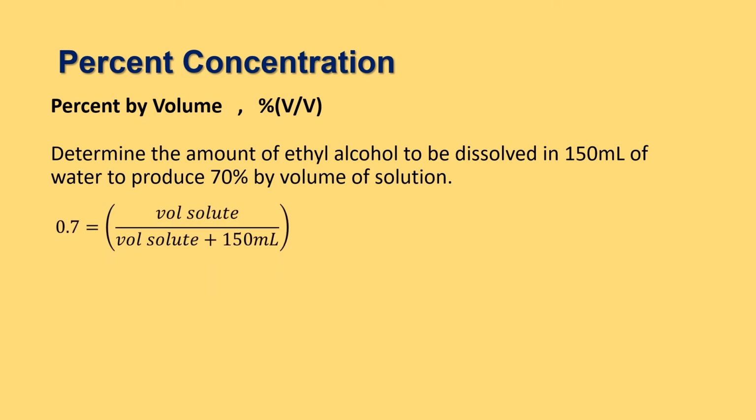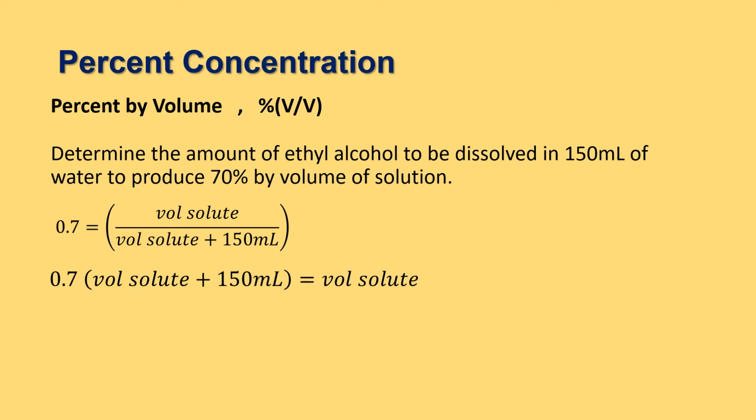At this stage of our solution in solving the amount of our solute, we need to multiply both sides of our equation with our denominator. So the denominator on the right side of our equation will be cancelled. So 0.7 is now multiplied with volume of solute plus 350 ml equals the volume of solute.